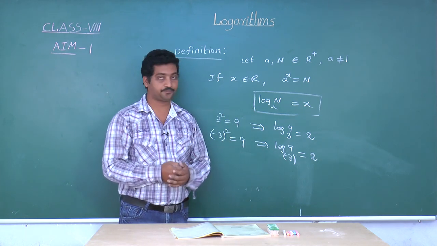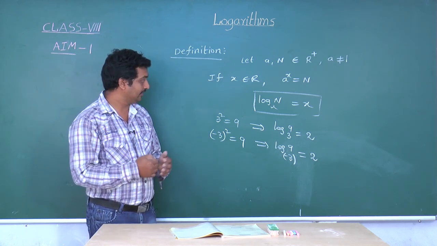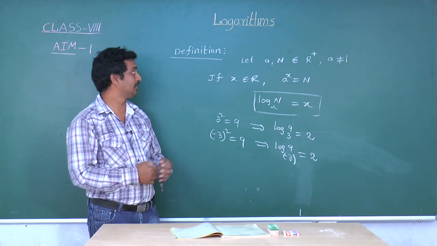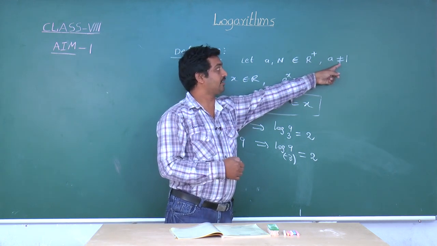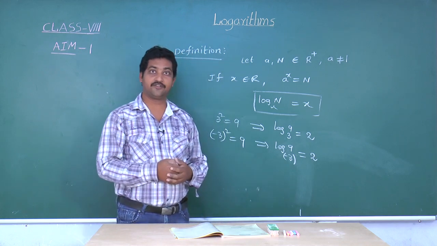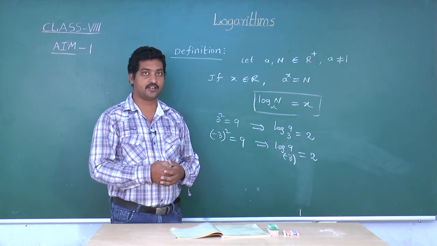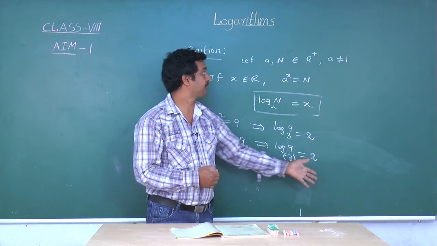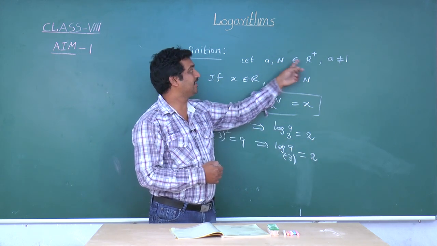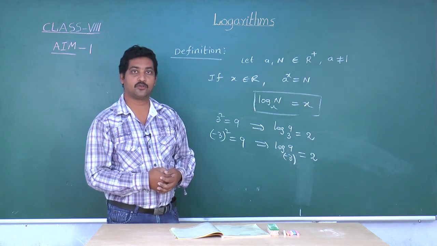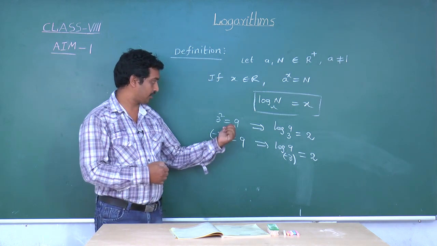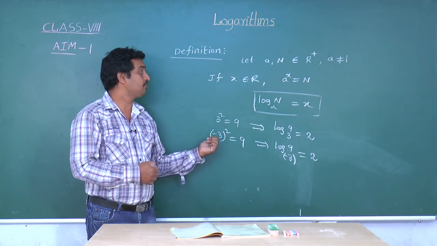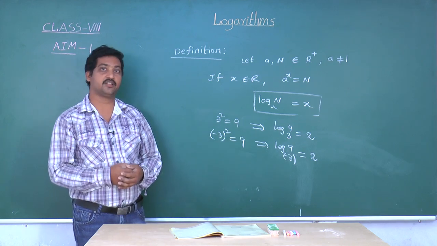So children, here in this class 8th, it is enough to learn why a not equal to 1 in the definition of the logarithms, and by taking examples we can get the clarity. Already we saw why a needs to be restricted to positive real numbers only, that we also got from these two examples. So negatives are restricted in the logarithms as the bases.